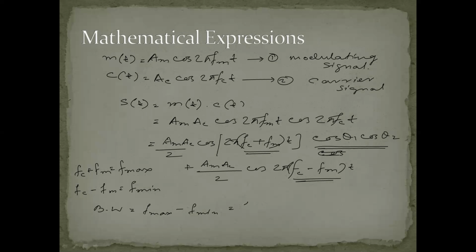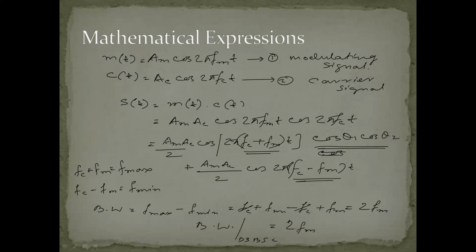So it will give you fc plus fm minus fc minus fm, which is twice fm. So the bandwidth in DSBSC will be twice fm, equal to the bandwidth of your amplitude modulation. So this is all about your double sideband suppressed carrier modulation.